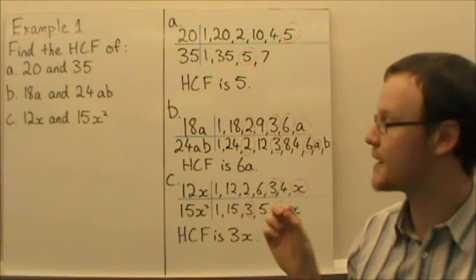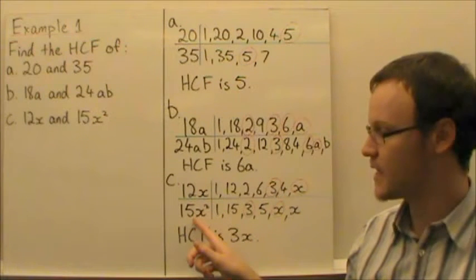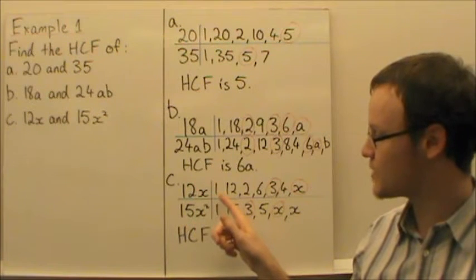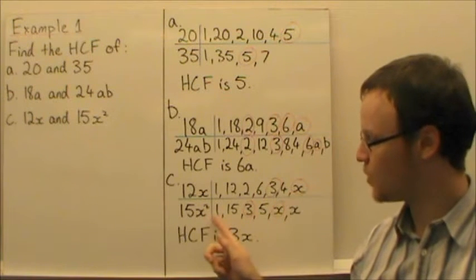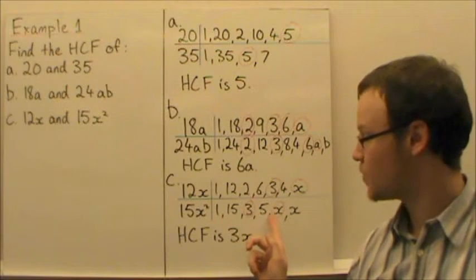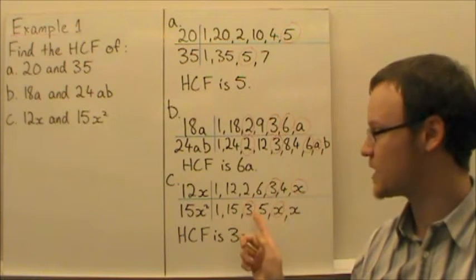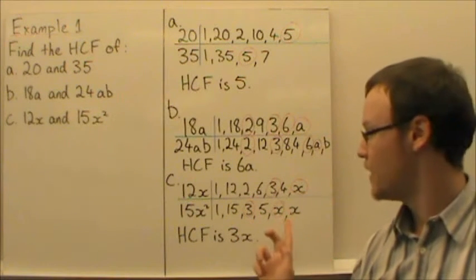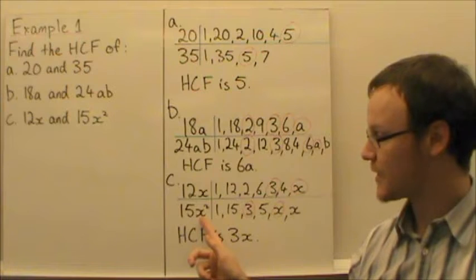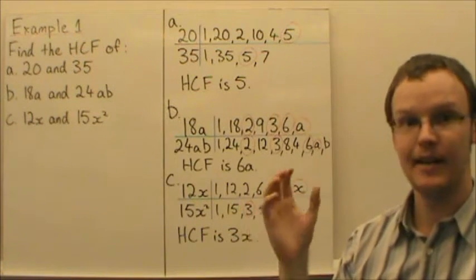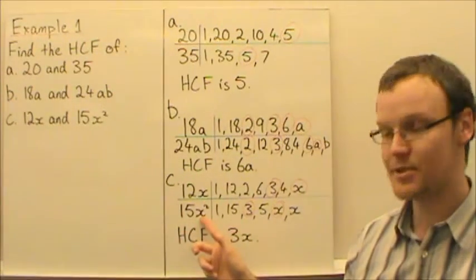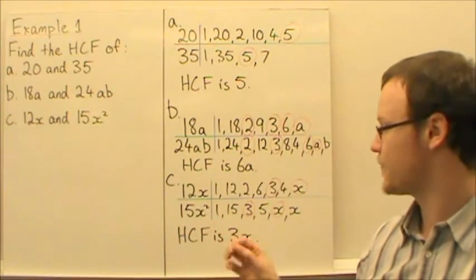For 12x and 15x squared, we can list all of the factors of 12 here, as well as x, which is part of our term, and all of the factors of 15, which are 1, 15, 3, and 5. We can also list the factors that make up x squared, which is x times x. x can be divided by x, and so can x squared.